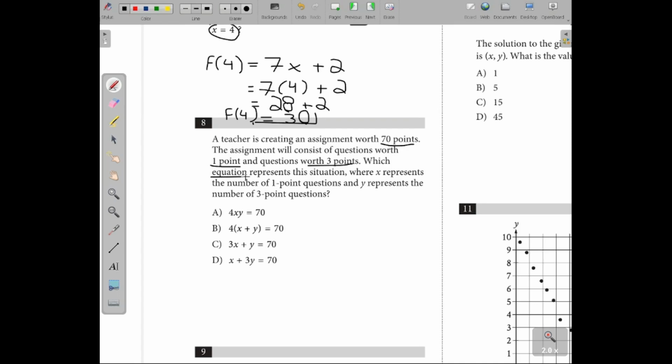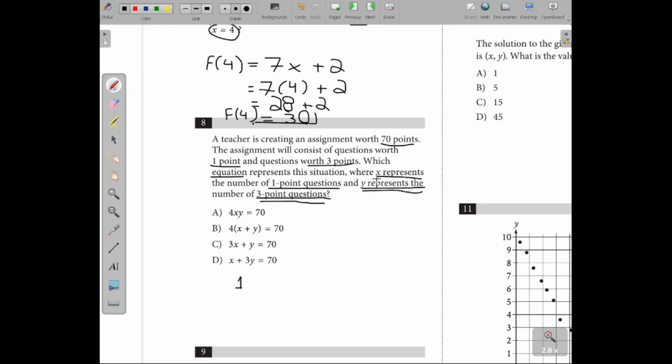We need to find an equation where x represents the number of 1 point questions and y represents the number of 3 point questions.